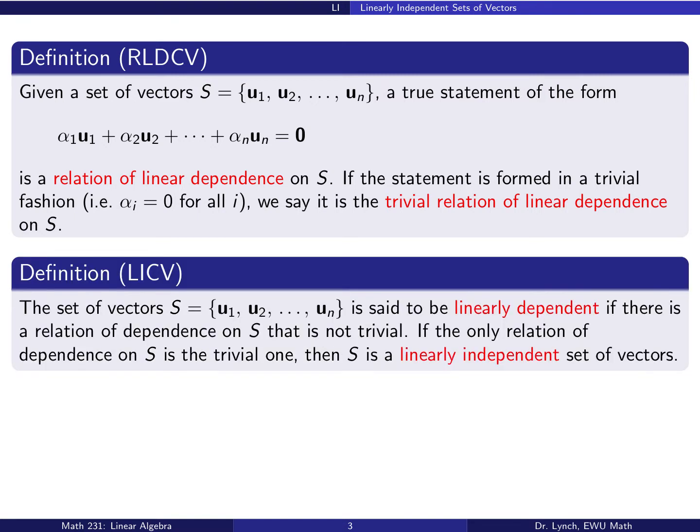So now the definition of linearly dependent. We say that the set of vectors u1 to un is linearly dependent if there's a non-trivial relation of linear dependence. If there's no such non-trivial relation of dependence, then we say that the set is linearly independent.